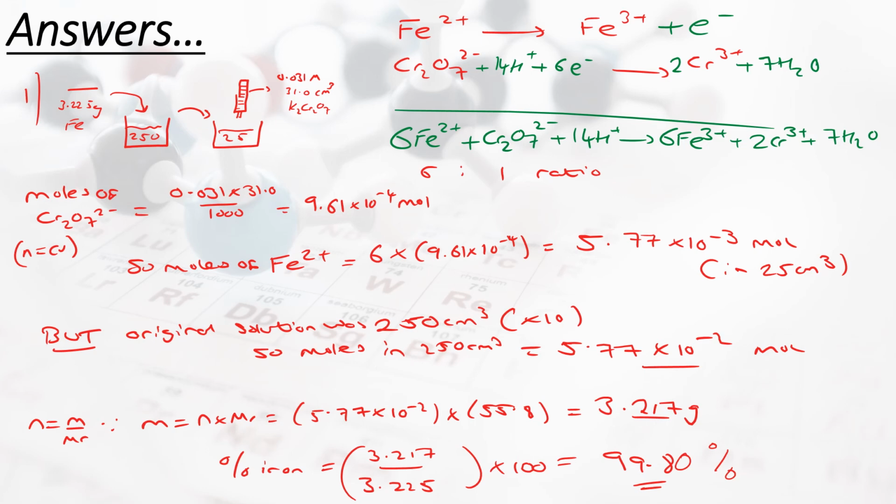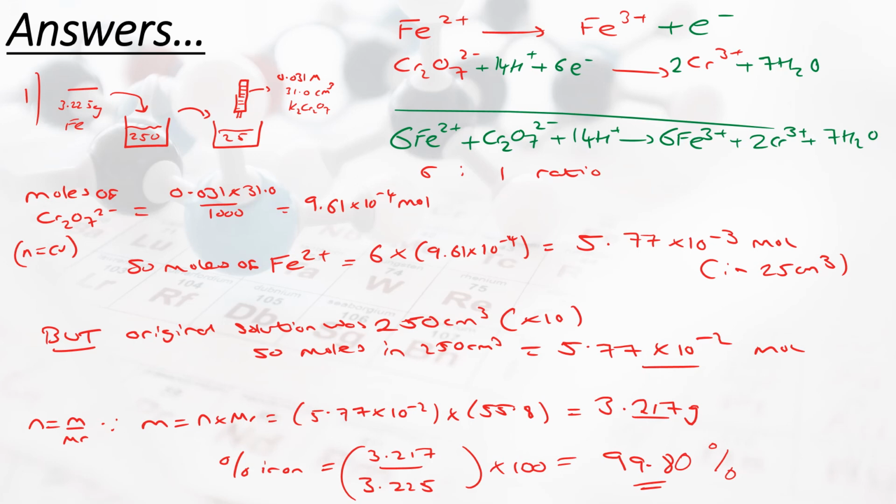We then have 7 oxygens on the left hand side, so we balance our oxygens, remember, with water, so 7 H2Os on the right hand side. We've then introduced 14 hydrogens on the right hand side, so we have to add in 14 H+ on the left hand side. And then finally we have to balance up our charge. On the right hand side we have an overall 6+ charge. To get an overall 6+ charge on the left hand side we have to add in 6 electrons.